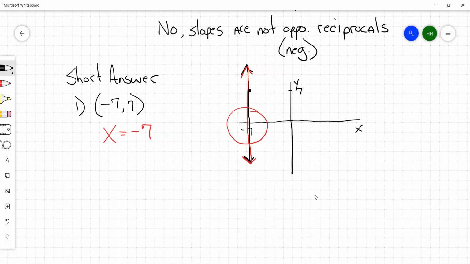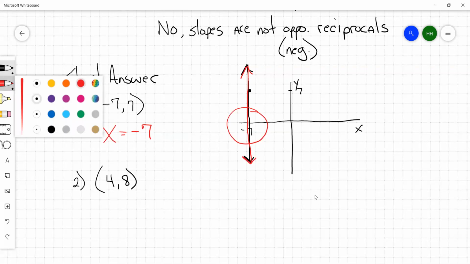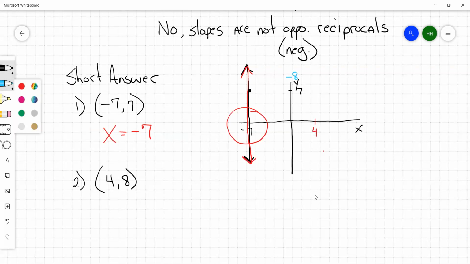Number 2 says to write an equation for a horizontal line through (4, 8). So if we plot (4, 8) and put a point there, the line is horizontal, just like the horizon.